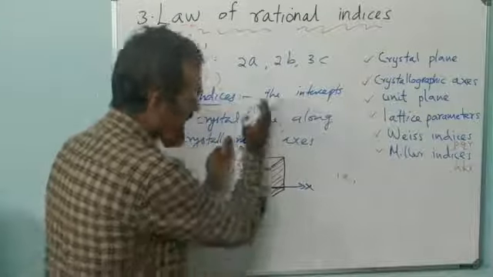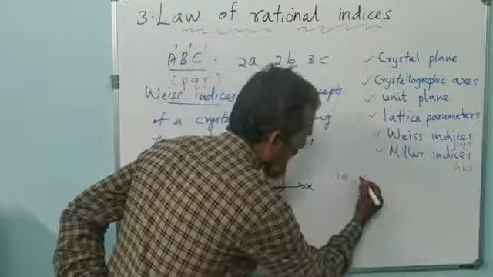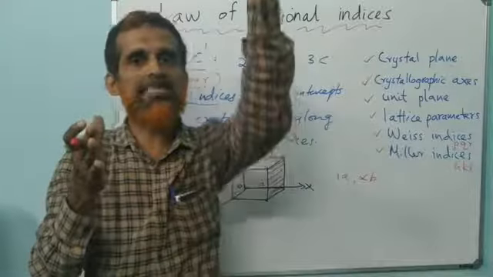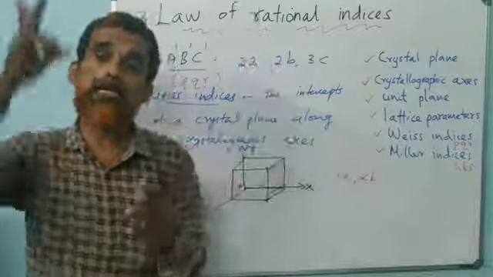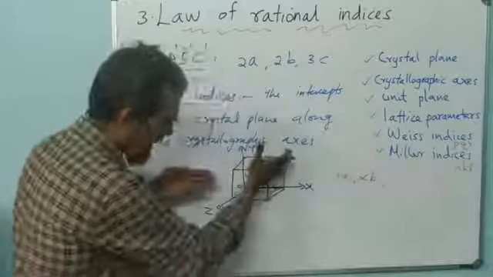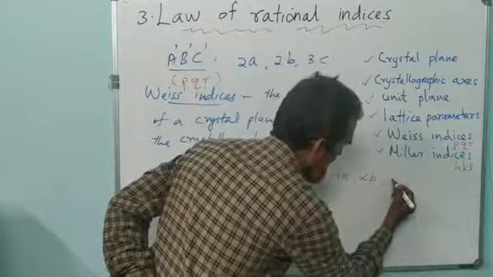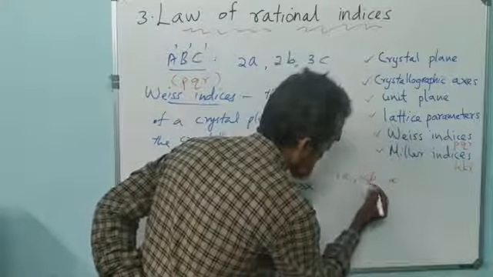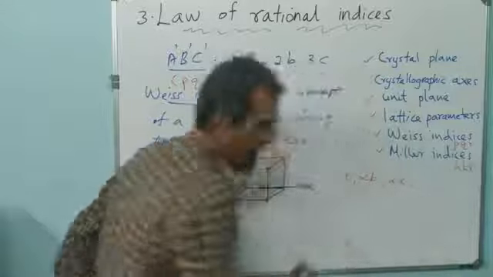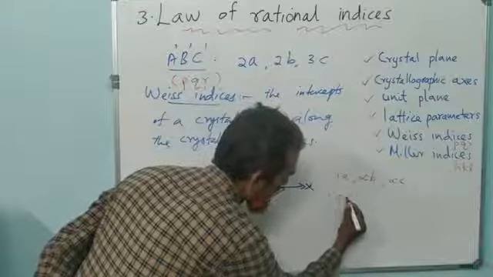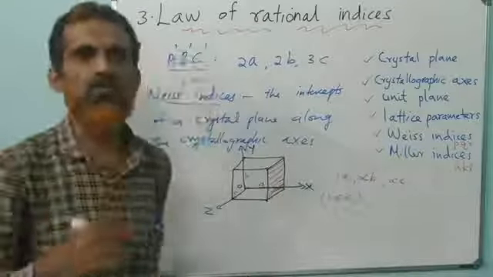It is not cutting B, so we have to say it is infinity B, because when a plane is parallel to an axis, we say that it cuts at infinity. So infinity B, and it is again parallel to the Z axis, so it is infinity C. So what is the Weiss index here? 1, infinity, infinity, which is undefined.